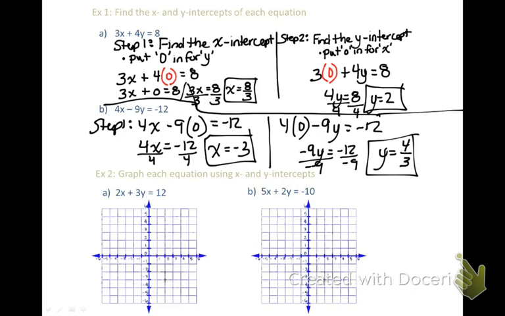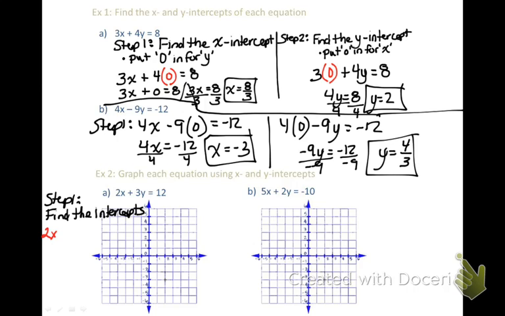All right, example 2 now. We're going to graph each equation using the x and y intercepts. So, step 1 here, find the intercepts. So if I look, I'm going to do x first. So it's going to be 2x.